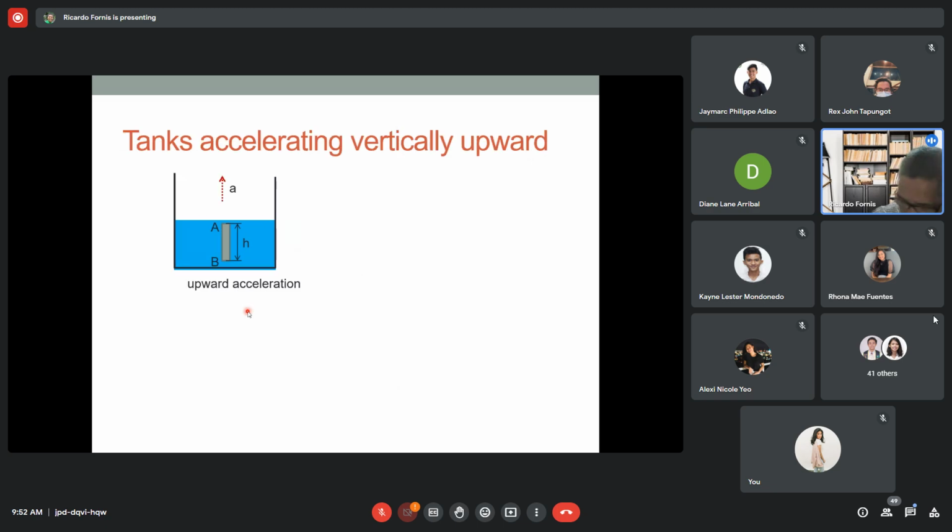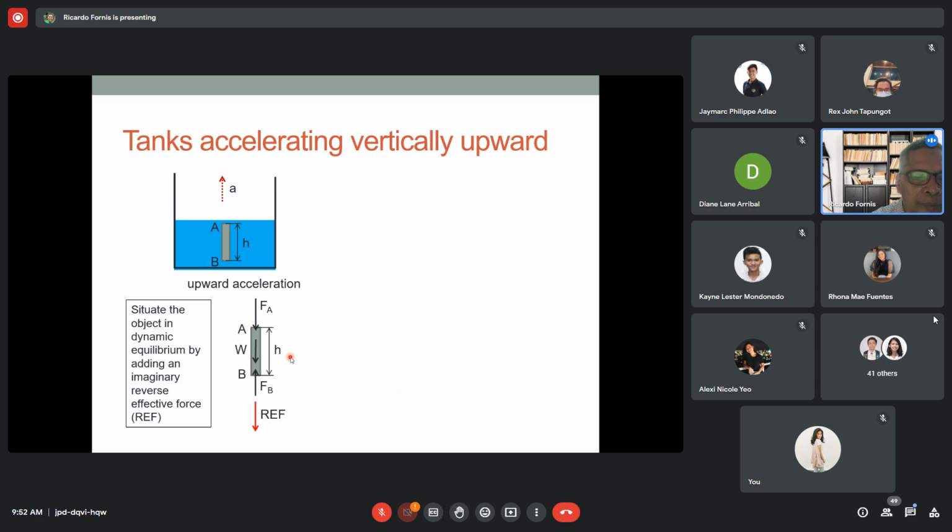If the tank is accelerating vertically, again, we have to situate the object in dynamic equilibrium by adding an imaginary reverse effective force. So this is now the free body diagram, and look, the direction of the reverse effective force is always opposite to the direction of motion. I hope that's clear. So the reverse effective force here is opposite to the direction of the acceleration.